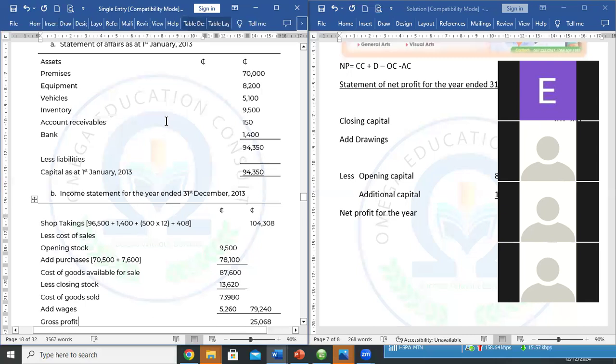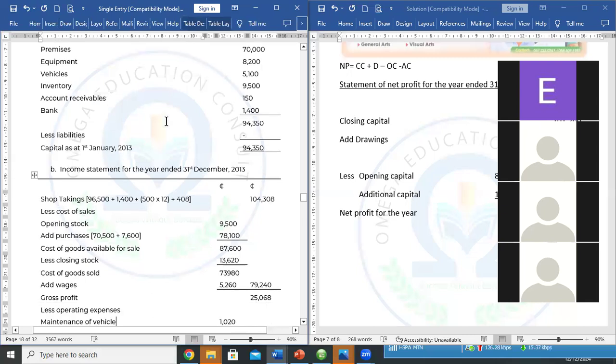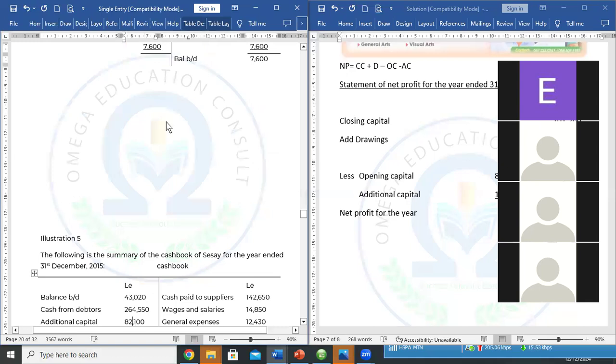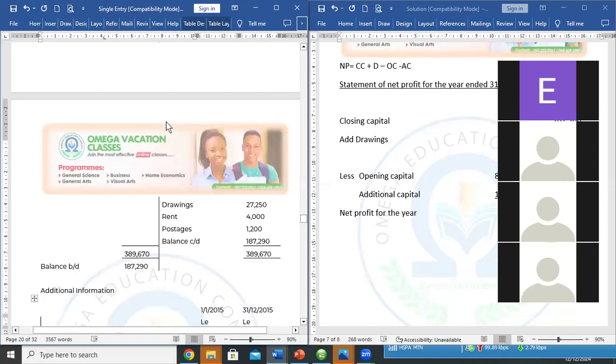If not, then you may have to go through the steps: preparing your debtors account, preparing your creditors account, finding your total sales and total purchases, using them to prepare your trading account, moving to the profit and loss account, preparing your expenses and income account, and preparing your statement of affairs to get your capital and your cash and bank balance, which will be needed in the statement of financial position or the balance sheet.